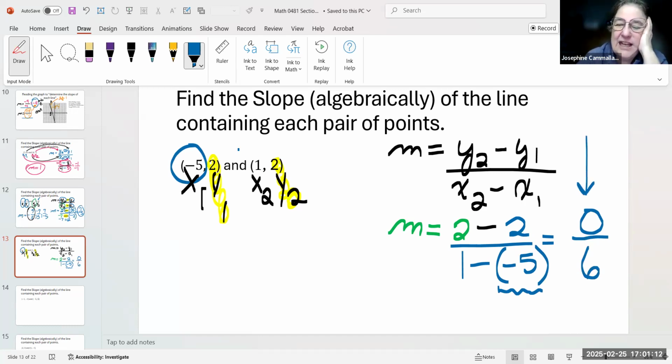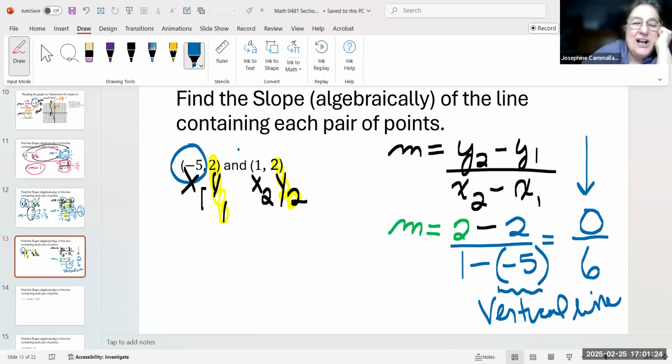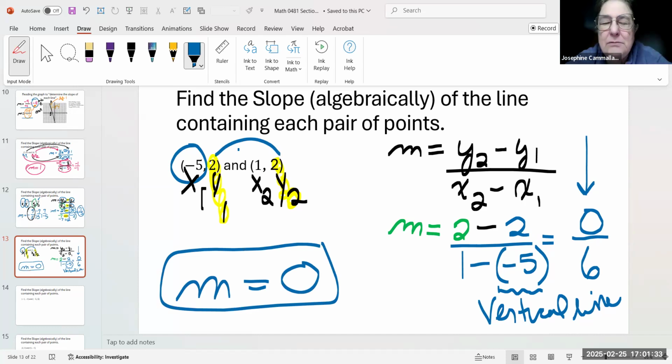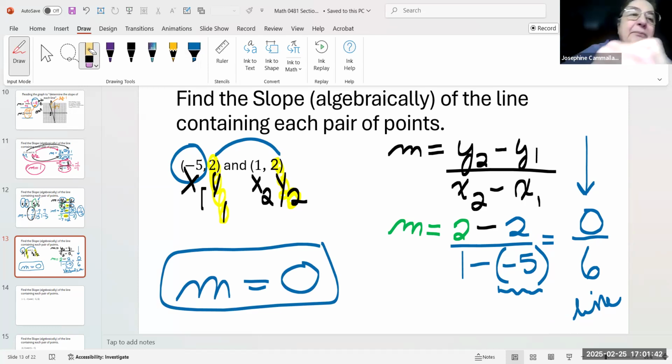Now, this fraction is for a vertical line. The slope is 0 because my y values, take that back, should be, this is the horizontal line.